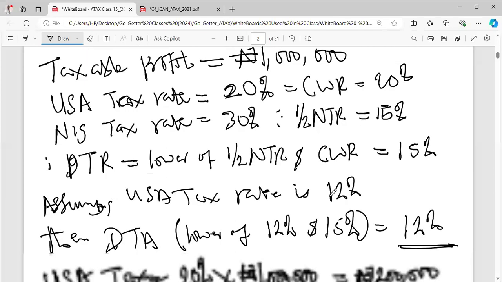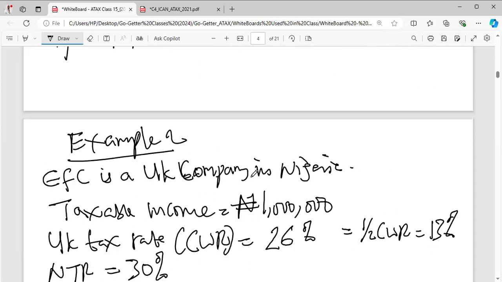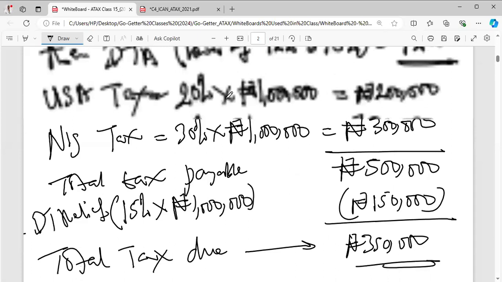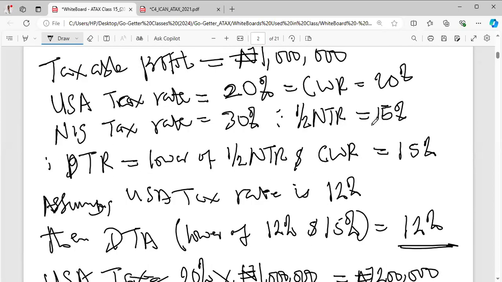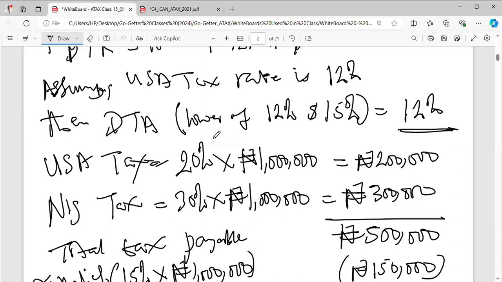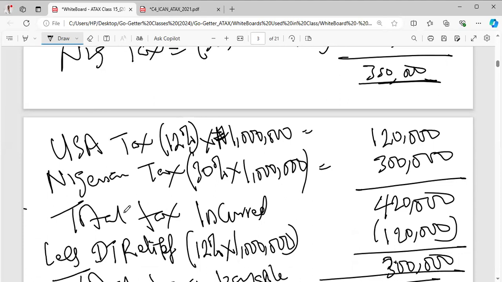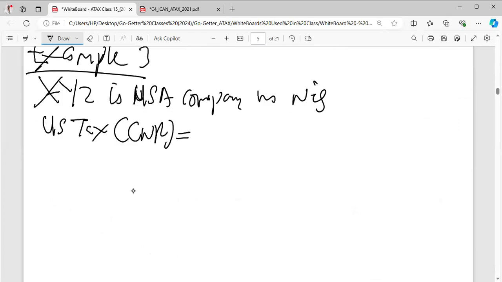Then we used the second one, 12%. So 20 and 12%. Let's try the 20% first.